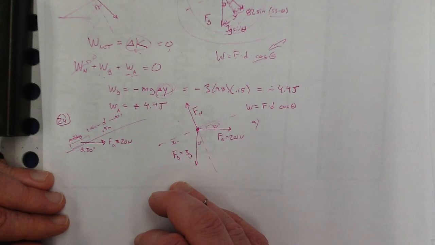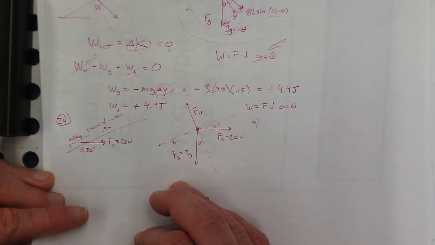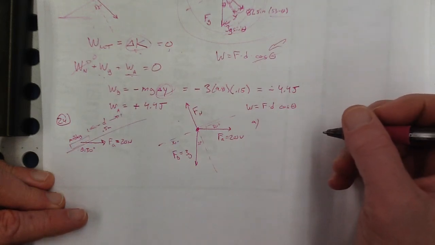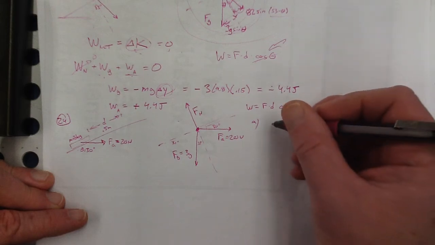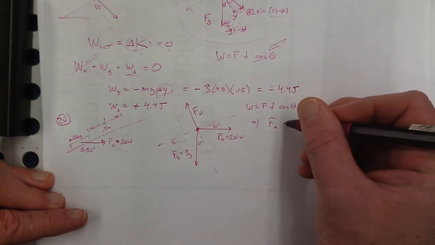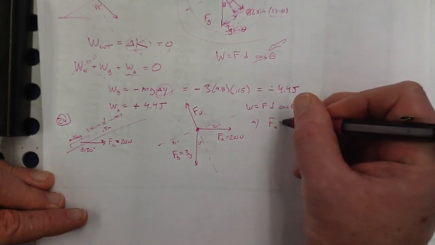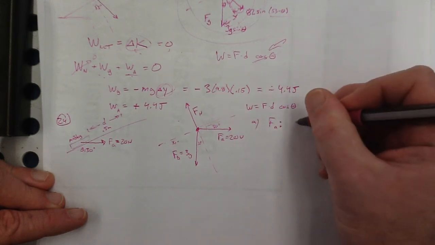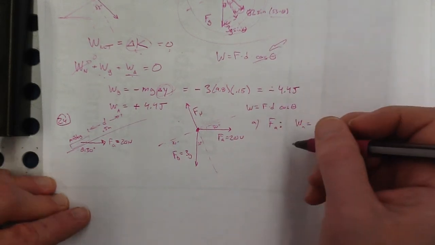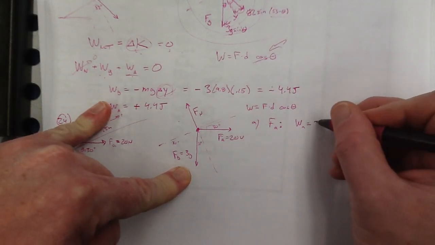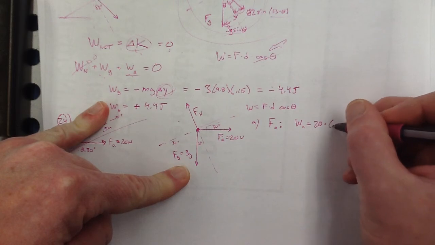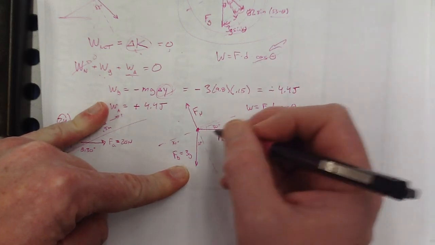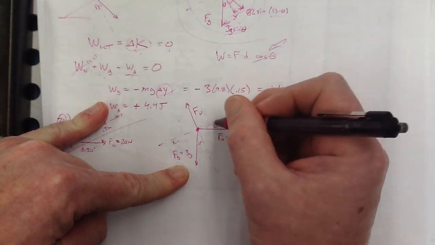So for part A, what's the net work done on the book by each of them? That's all in part A? Okay, that's confusing. So for the applied force, the work done by that is equal to 20 newtons times the displacement, which is 0.5, times the cosine of the angle between them.